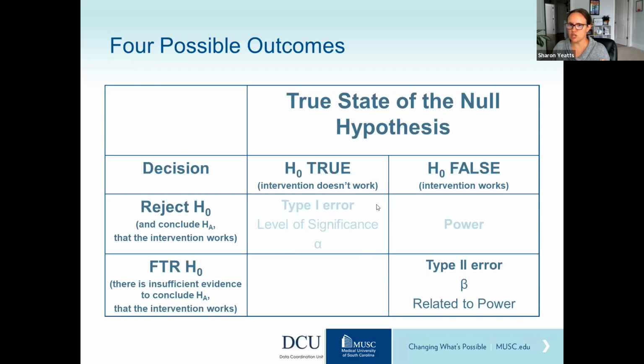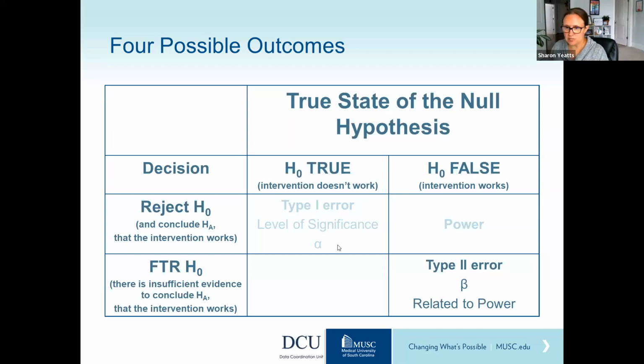And so we reject the null and conclude that the intervention actually does something. Okay, this is effectively a false positive, and we don't want to make this mistake very often. In fact, we limit the likelihood of our being in this scenario by choosing something reasonable for the level of significance of our test.